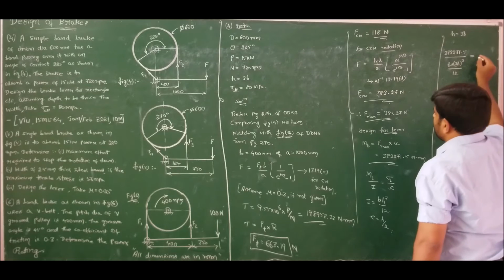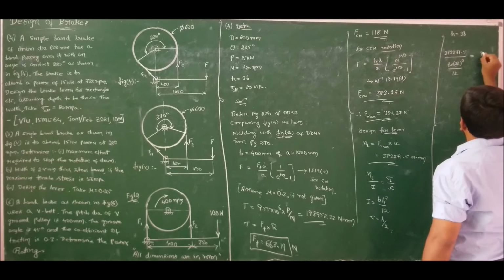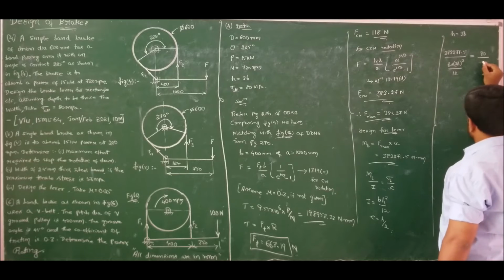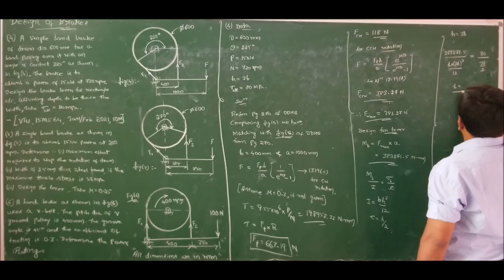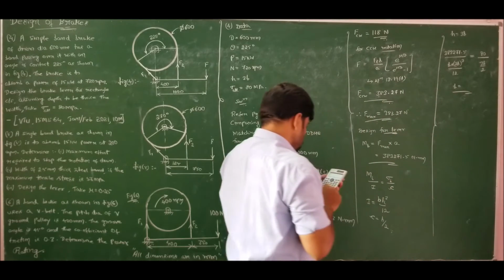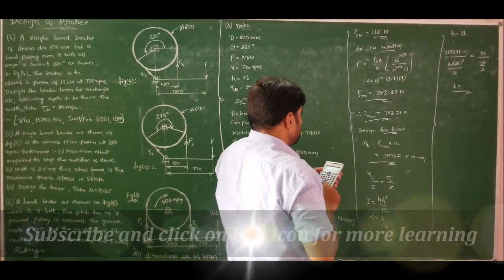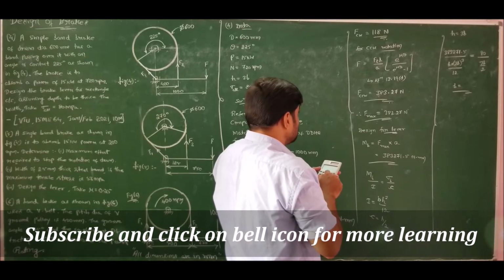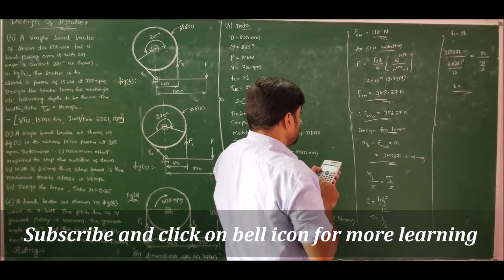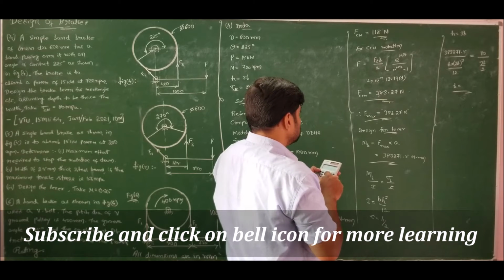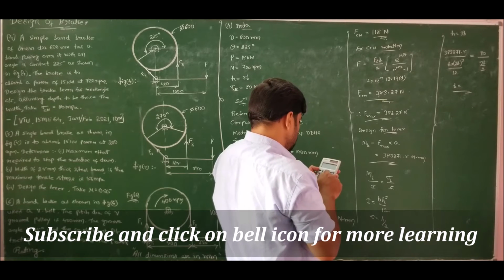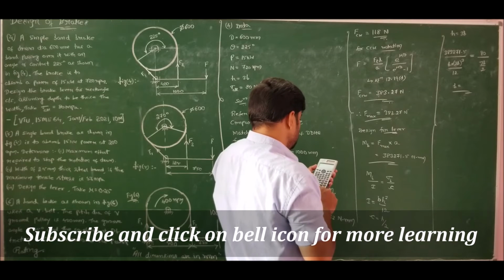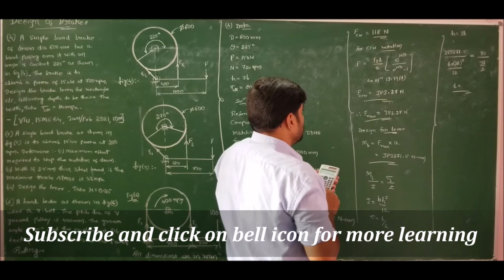This must be equal to sigma b. Sigma b is sigma allowable, given for us as 80 megapascals. C is h by 2, h is 3b. If I substitute and solve, I get the width as Mb into 12 divided by 3 cube into 80, multiplied by 3 by 2, and this is equal to b cube.